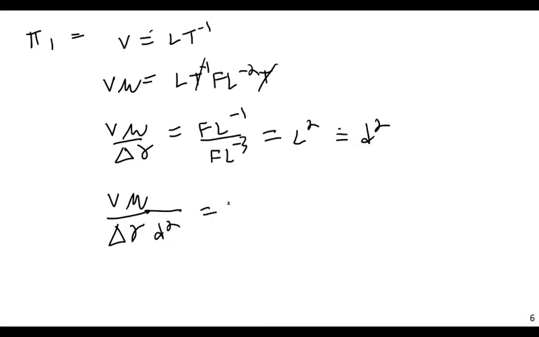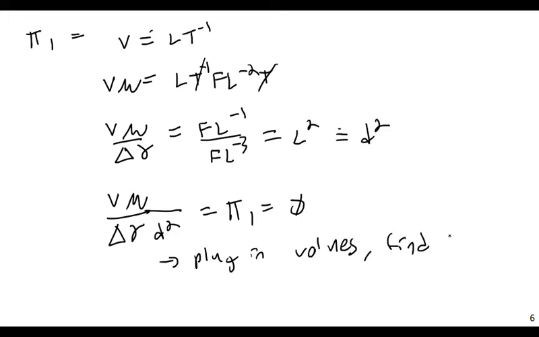That's going to be equal to pi 1, which is also equal to our phi. And so then, if I plug in all of the values that I got previously, I find that pi 1, or that phi here, is equal to 18.1.